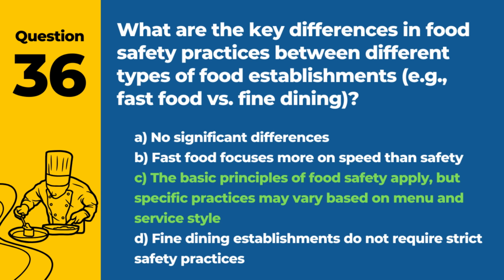Answer. C. The basic principles of food safety apply, but specific practices may vary based on menu and service style. While the basic principles of food safety apply across all types of food establishments, the specific practices and procedures may vary depending on the type of establishment, its menu, and service style, such as the handling of raw ingredients in fine dining versus quick service in fast food.